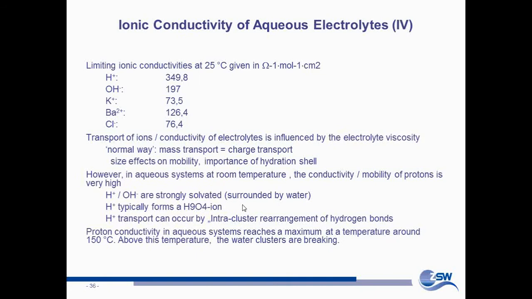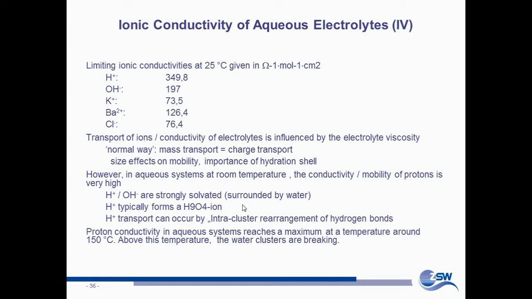Now, if we look at the conductivity of materials containing protons, containing OH minuses, containing potassium or barium or chloride, then we see that the protons and the OH minuses stick out from the overall conductivity. So there must be a reason for that.